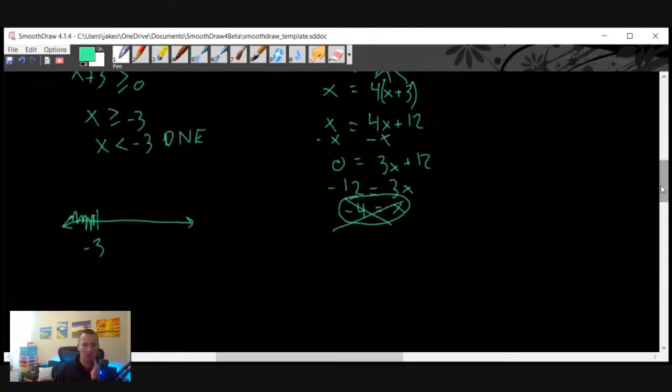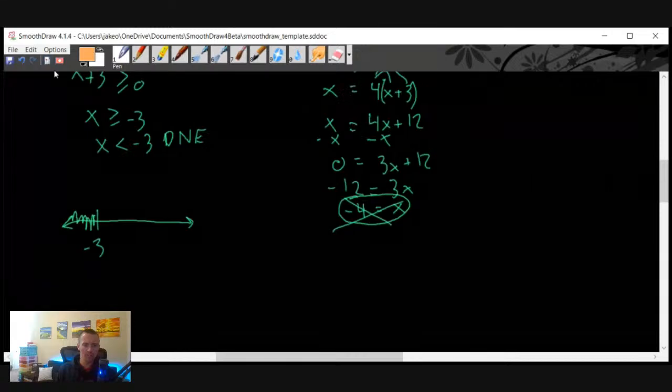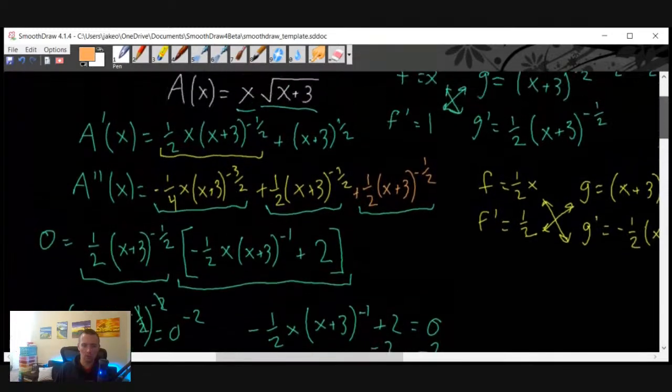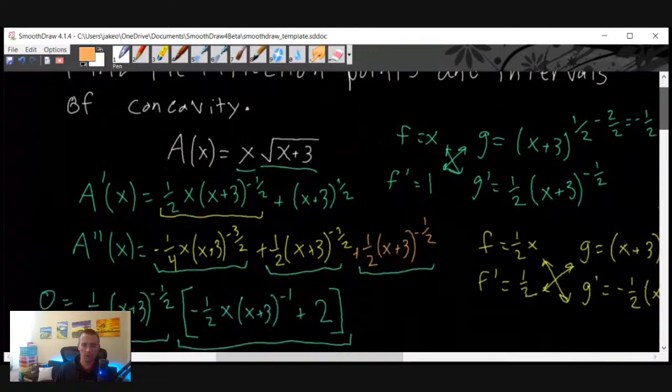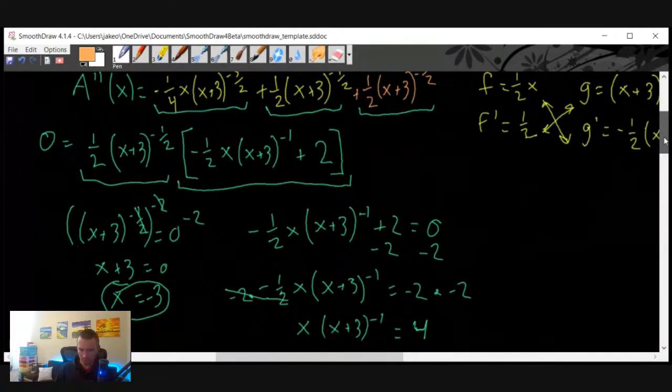Well, to figure that out, we could just do the same kind of thing we did with our first derivative test, where we were trying to figure out where it's increasing and decreasing. We could just take any x value that's within this interval of -3 to infinity, so let's just say 0, and plug that into our second derivative. I'm sorry, not into our function, but into our second derivative.